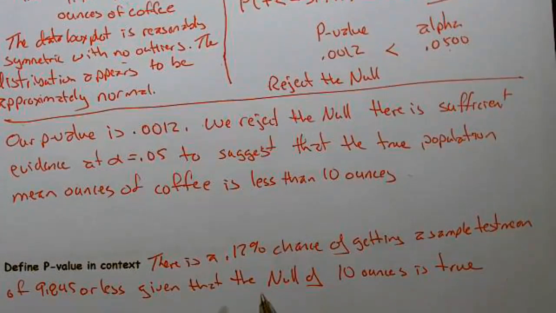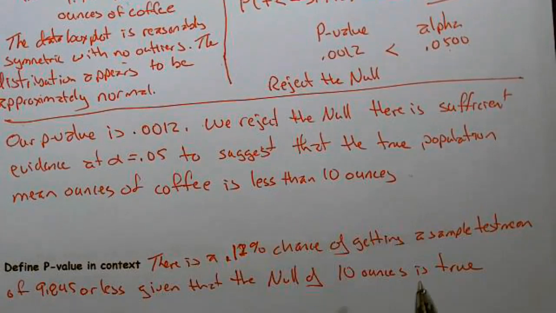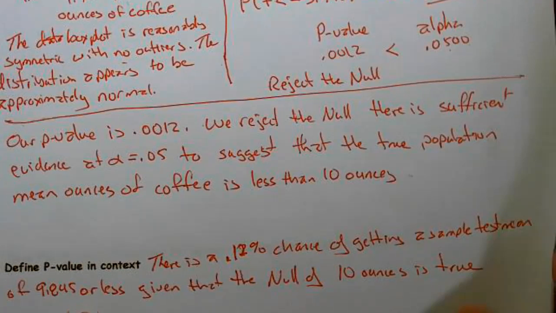All right, there's less than a 1% chance. There's a 0.12% chance of getting a sample test mean of 9.845 or less, given that the null of 10 ounces is true.